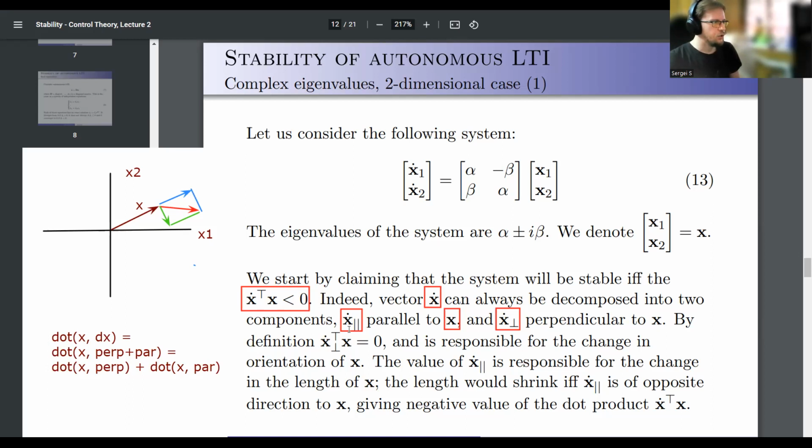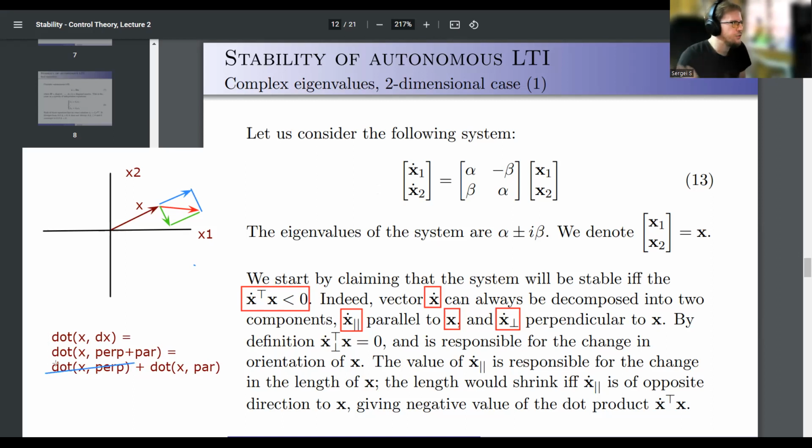Right? This dot product here, x dot here, is decomposed into perpendicular and parallel components. And the dot product of the perpendicular component with x, something that is perpendicular to it, is by definition 0. So this is 0. Why?